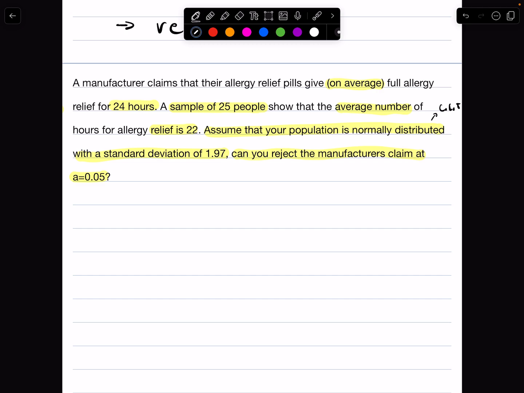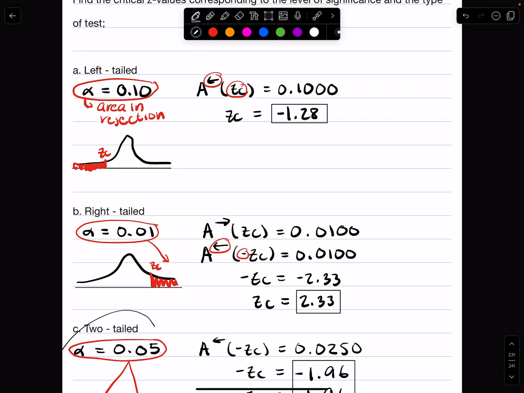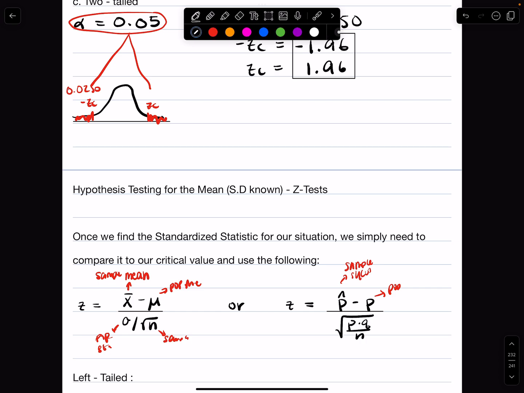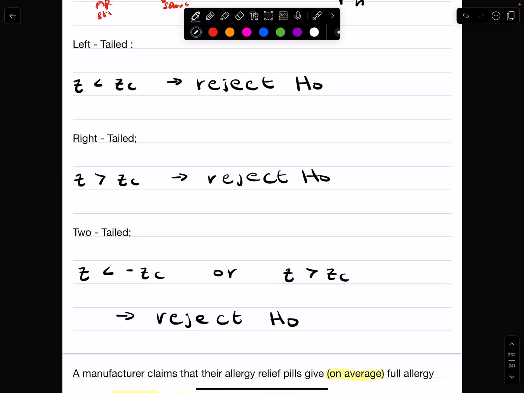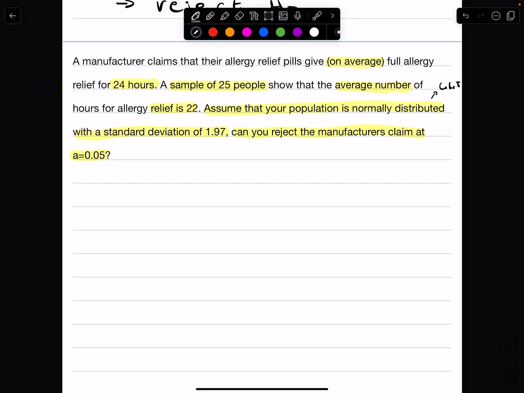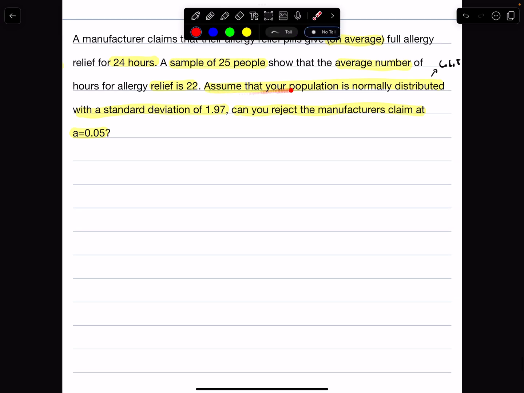We can't perform a z-test if that's not the case, because recall, in all of these scenarios, we were working with a normal curve. So if I don't have a normal curve, then I don't know anything about the area and I don't know anything about the critical values. So, we need this to happen, and our question will tell us that what needs to be the case is the case. But that's all this question right here is saying.